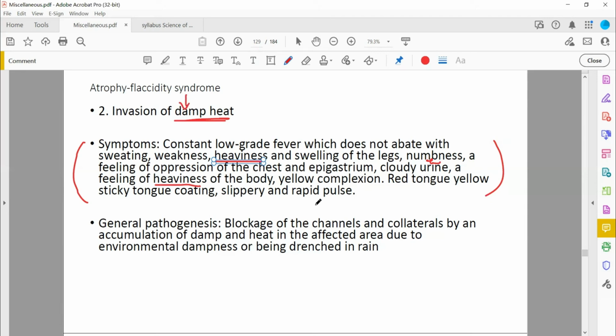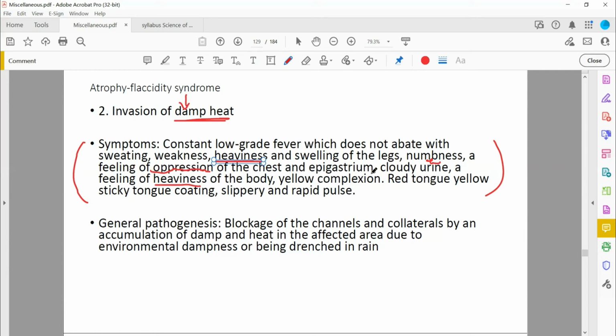Any other keywords for dampness? Oppression of the chest and epigastrium, the sensation of oppression. This is very important for diagnosing dampness. Oppression of the chest and epigastrium: these two are keywords for dampness.